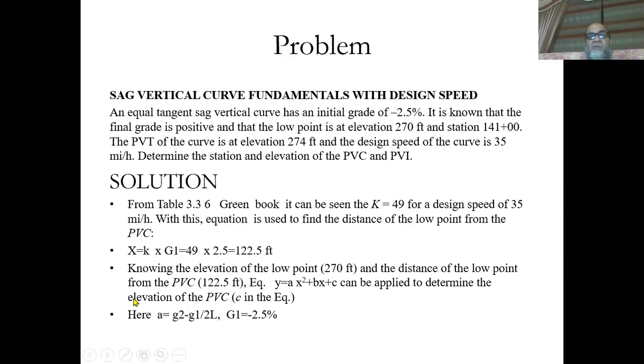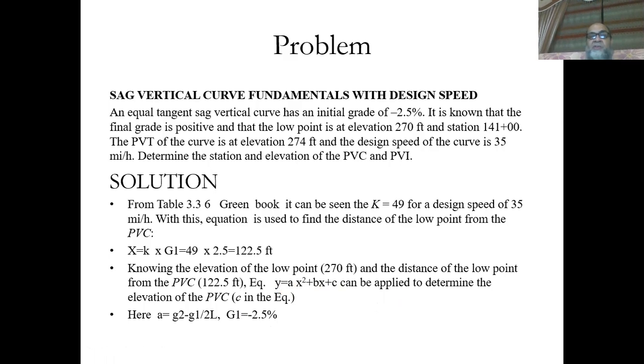But we know that G2 minus G1 is capital A, and we also know L is equal to K times A. This is the relation that we are going to use. G1 is obviously minus 2.5, so here B will simply require plugging in the value of 2.5%, that is 0.025. We know the elevation Y, that is 270.